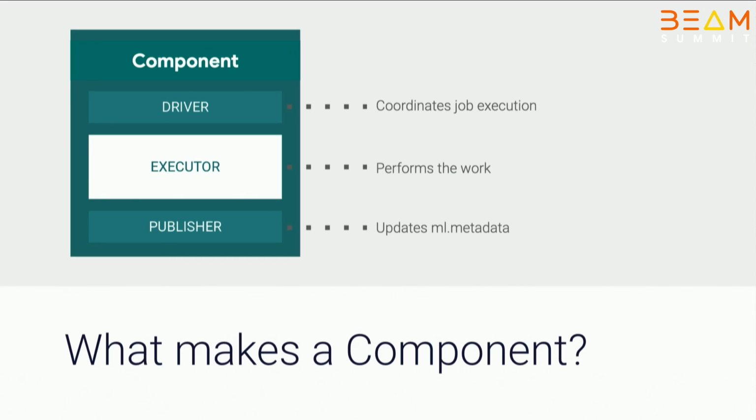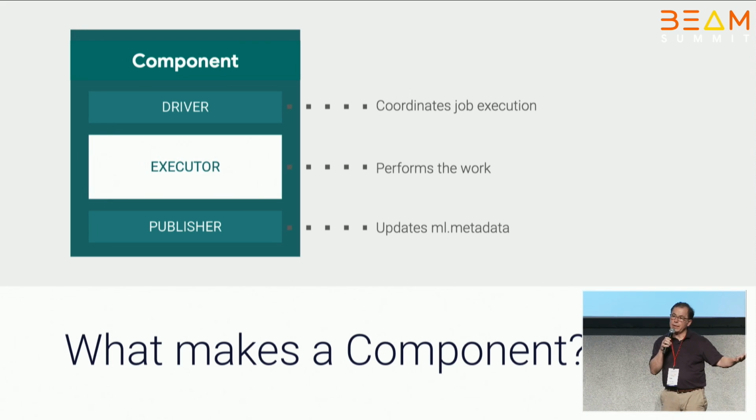And if it decides that it should, then it's going to supply the necessary input to the executor. The executor is where the work is done. So whatever you happen to be doing in that component, that's where it happens. That's where you would write your user code in most cases. And the publisher takes the results from the executor and it puts it back into something we haven't talked about yet, the ML metadata store. Don't worry, we'll get to that in a second.